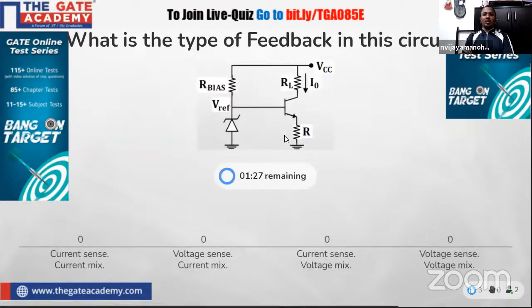This is also another interesting question. What is the type of feedback in this circuit? Is it current sensing, current mixing; current sensing, voltage mixing; voltage sensing, current mixing; or voltage sensing, voltage mixing? What is the correct type of feedback in this circuit? Look at the transistor from the small signal point of view.